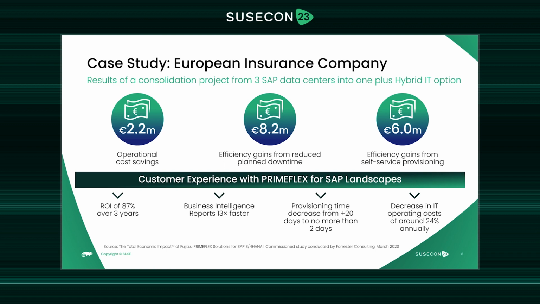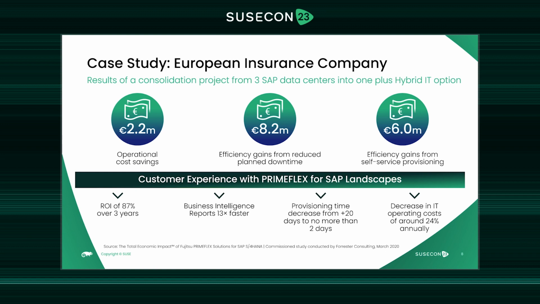Consequently, the provisioning time went down from more than 20 days previously to now a maximum of 2 days. And the overall cost savings in operations were estimated to be around 24% annually.